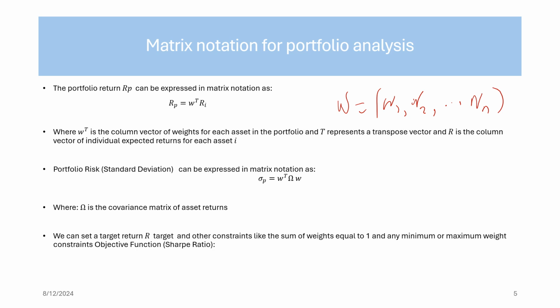The return of the portfolio will then be the transpose of this vector, which turns the column form into a row, to be multiplied by the return of asset i. So the w T in this case is the notation: w T means the transpose vector of weight w, or this could simply be written as the vector with a prime.